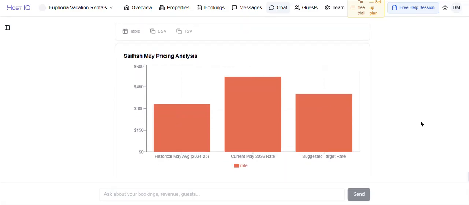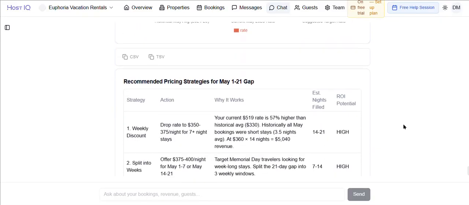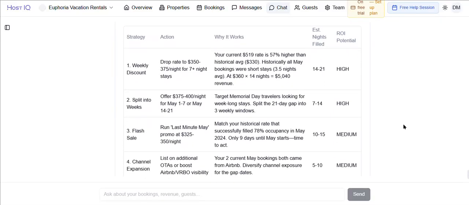So here you go. Okay, my suggested target rate is 400 bucks. My historical is 330, so it's telling me to actually price for now a little higher than my historical. Week one discount, drop the rate to 350 to 375 a night.